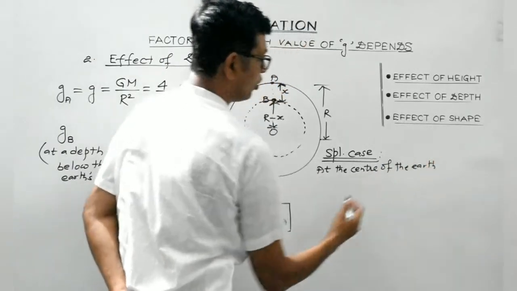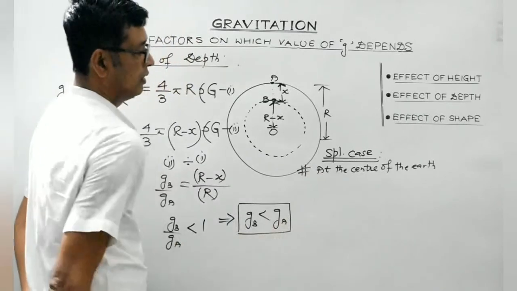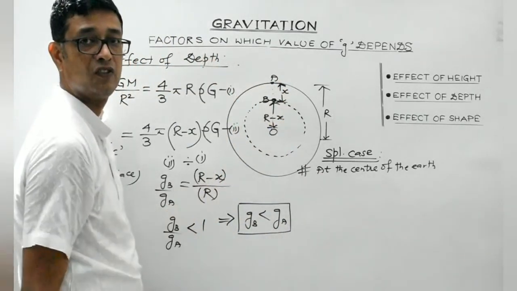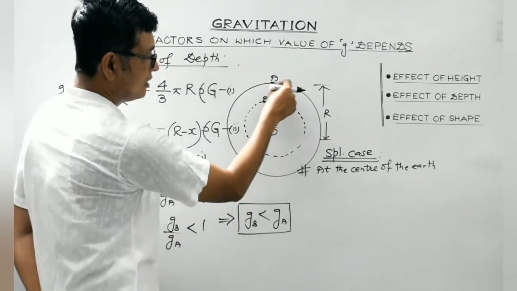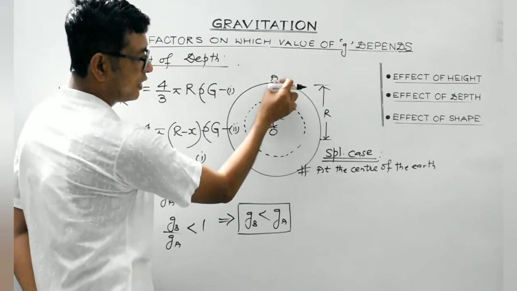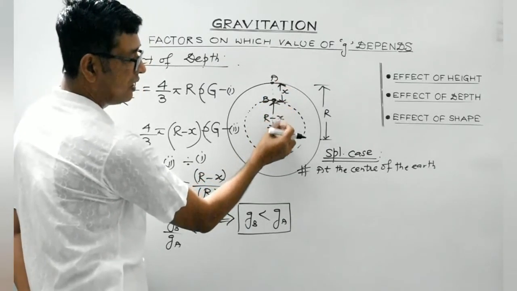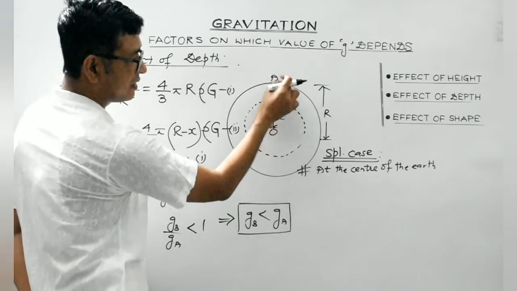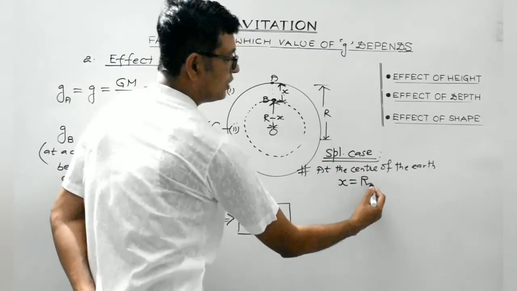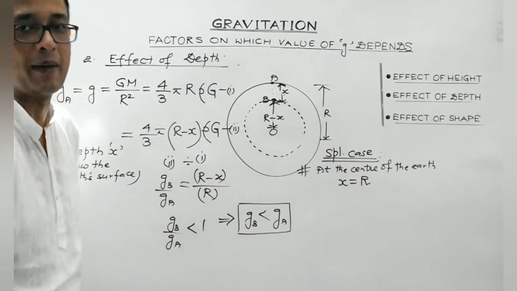This is a very very important case, students. When the observation point is at the center of the Earth, as the point B is taken towards the center of the Earth, the value of x will keep on increasing, and exactly at the center of the Earth, this x will become equal to r. So at the center of the Earth, x would be equal to capital R.